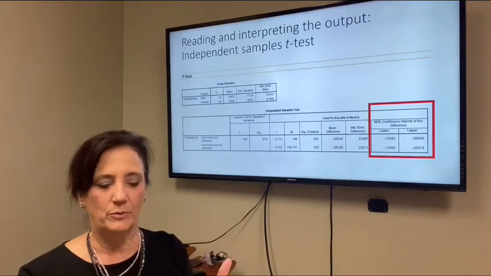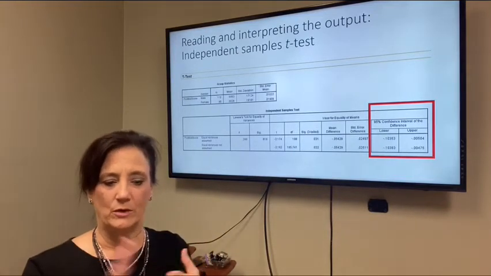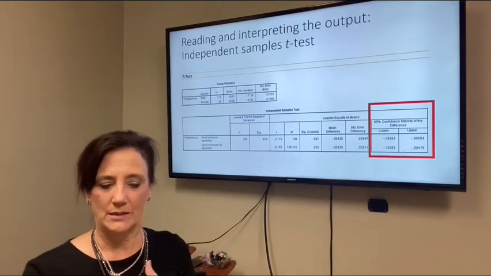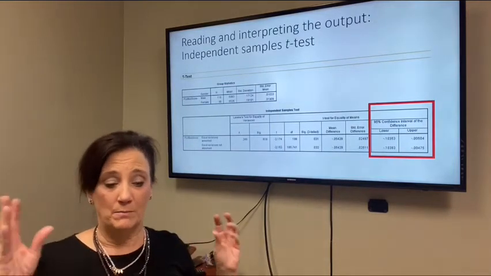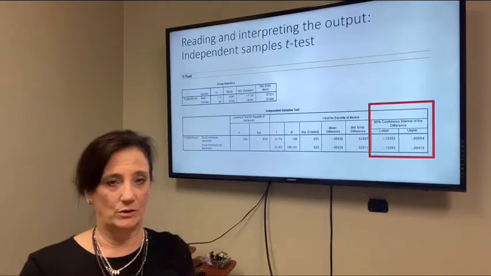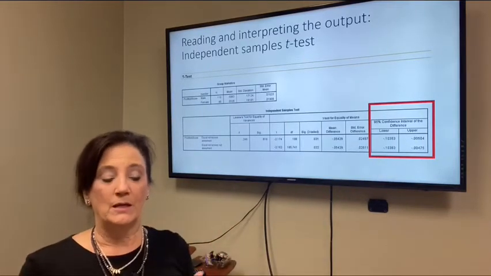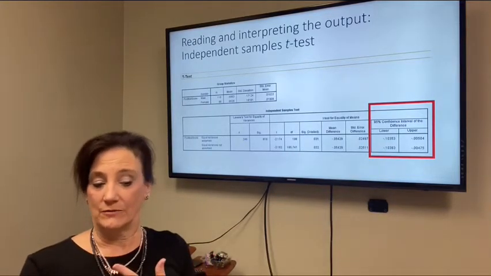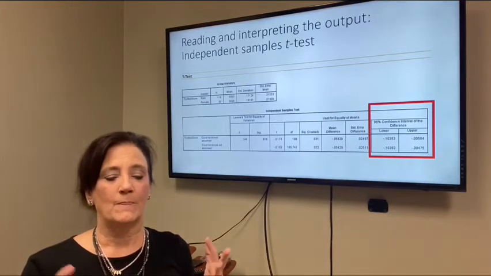What are you going to report? You're going to report how many males, what was their mean, what was the standard deviation. How many females, what was their mean, what was the standard deviation. You're going to tell how much of a difference, what was the change score or the difference between the means of the two groups. And then you're going to report the F value and the significance for Levene's homogeneity of variance.